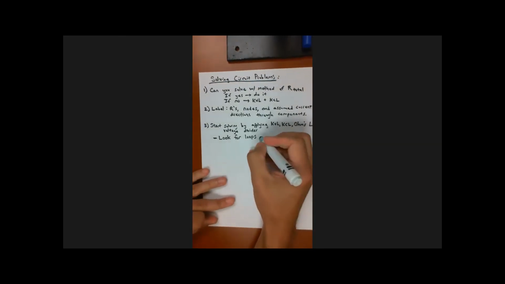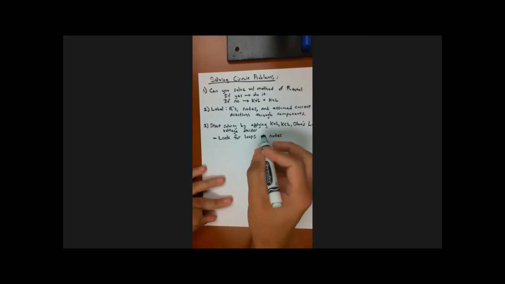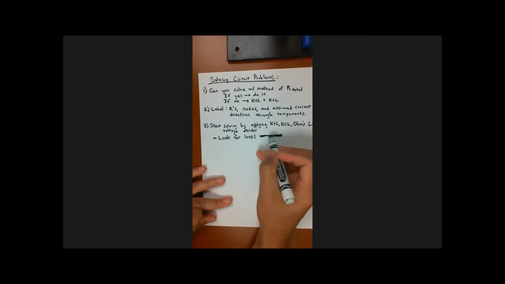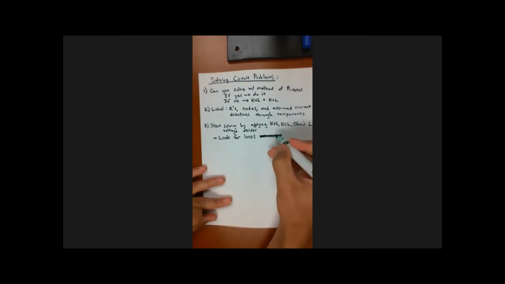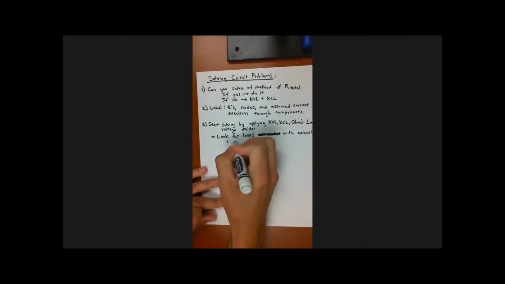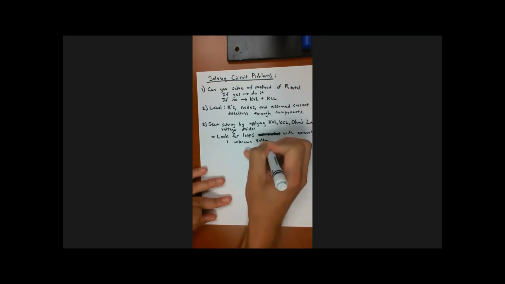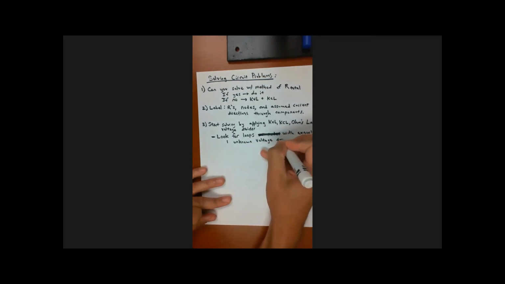All right, so look for loops in your circuit. Let me write nodes as a separate thing because I don't want to confuse the issue. So look for loops with exactly one unknown voltage drop.